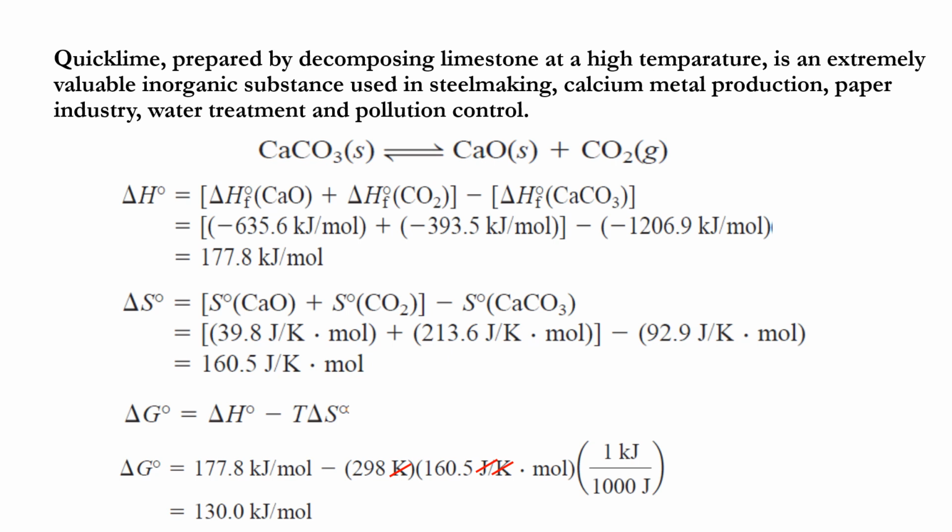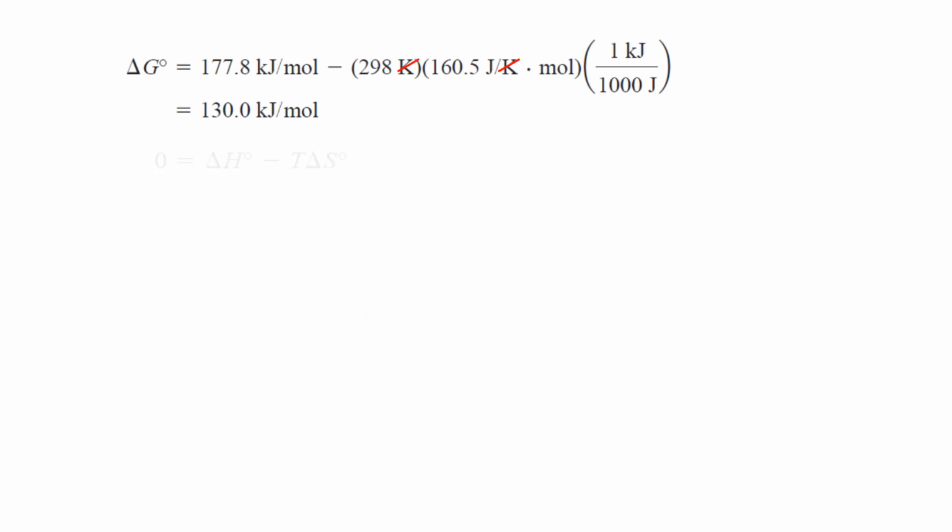We set a standard condition for the system. To do that, let's assume, so this 130 kilojoule per mole is at room temperature that we have set initially, 25 degrees Celsius. Let's assume that the change in free energy is 0.